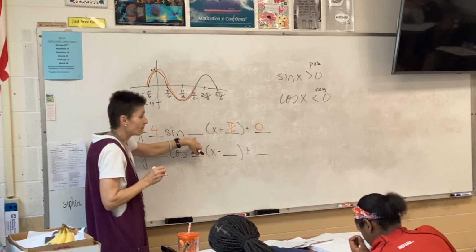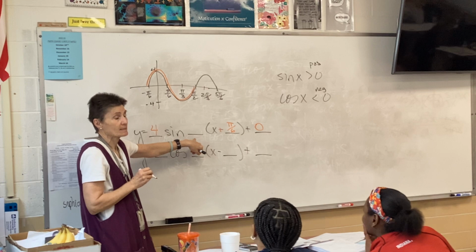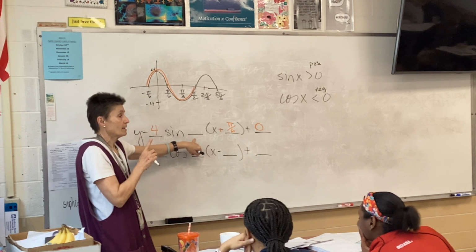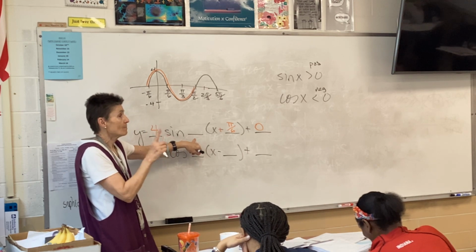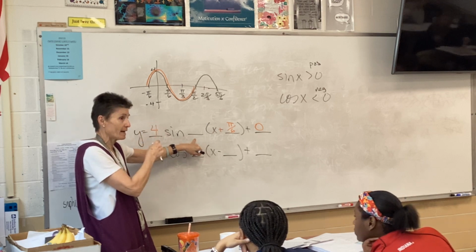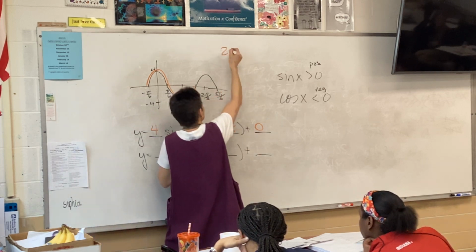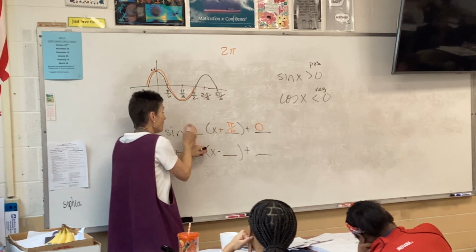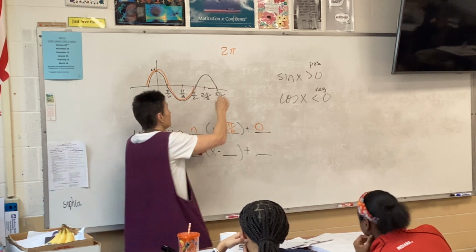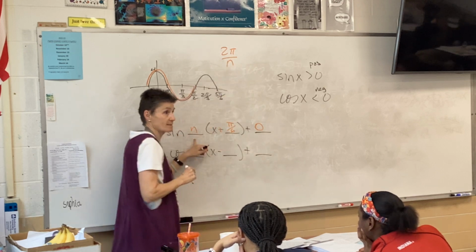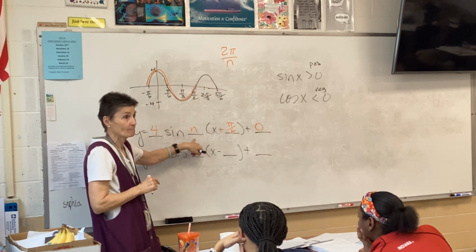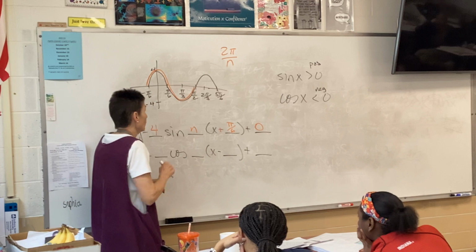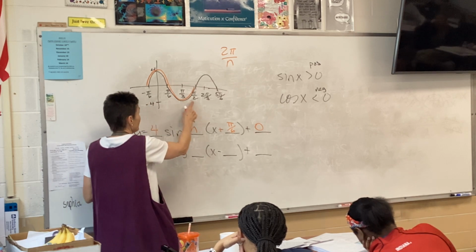Now, this number is the one that always gives us fits. And it shouldn't, because you know that the period of a sine is supposed to be 2 pi. But when you stick a number in there, that changes your period to 2 pi divided by that number. Well, look at your picture. Tell me what your period is.